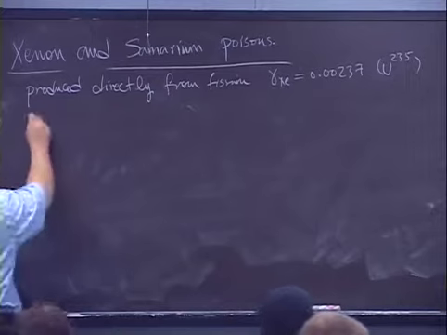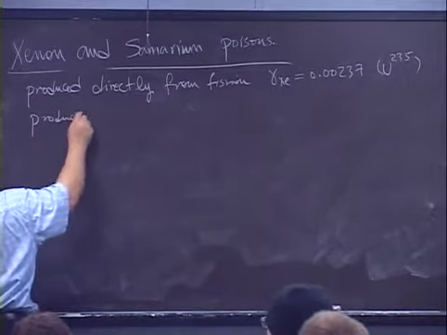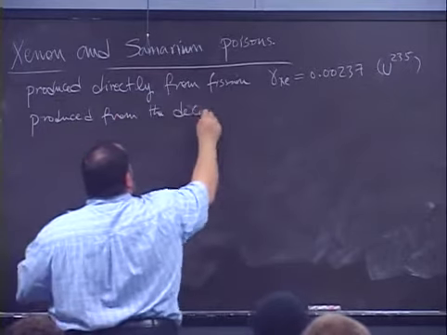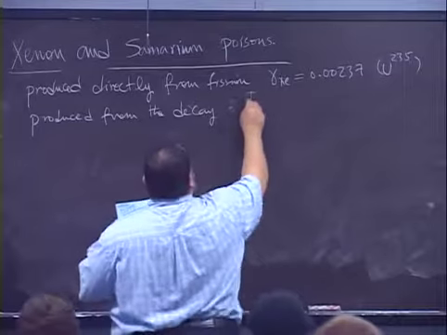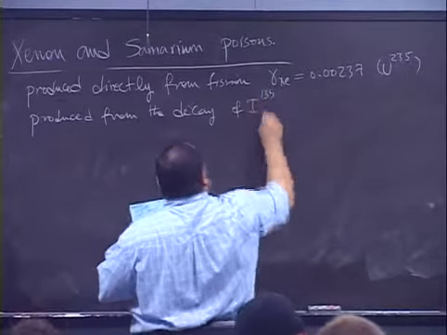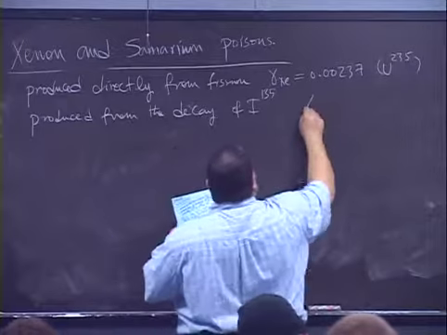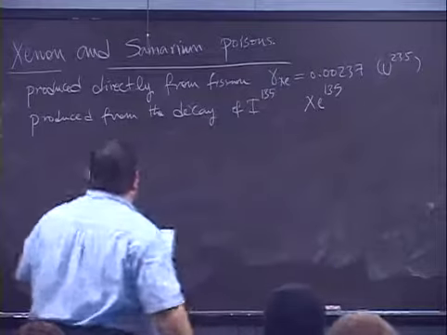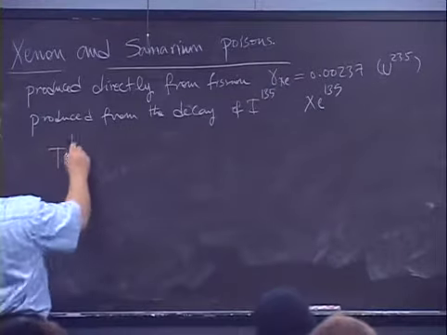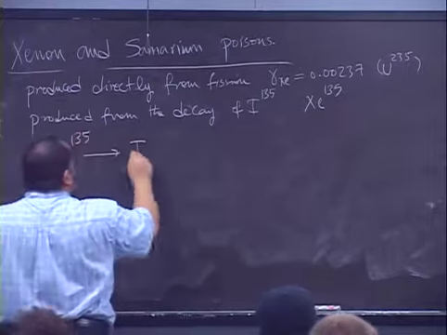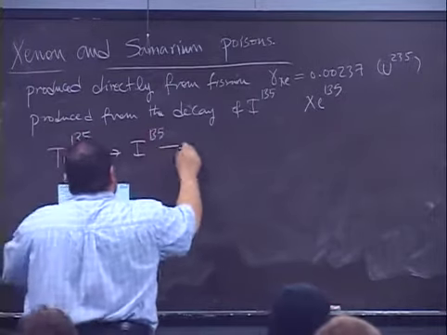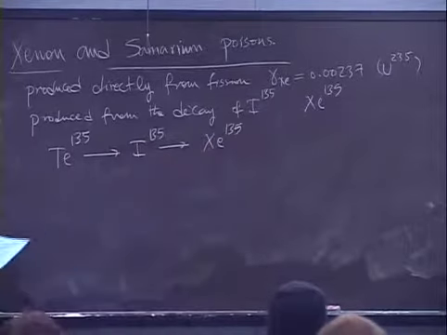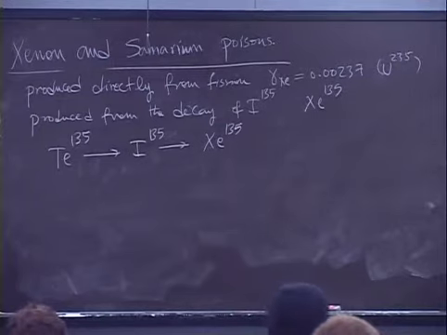And again, it is produced from the decay of iodine-135. So you have tellurium-135 will decay, give you iodine-135, which will decay and give you xenon-135.